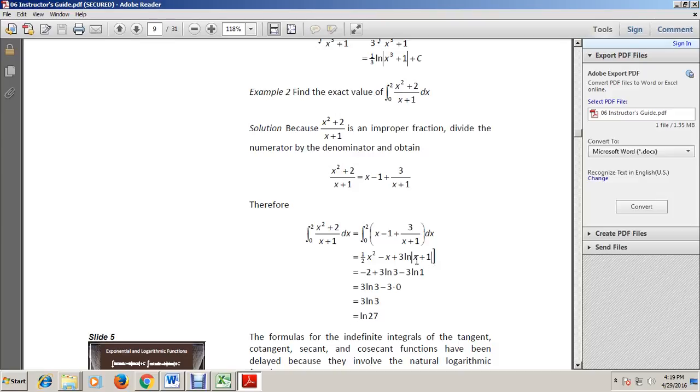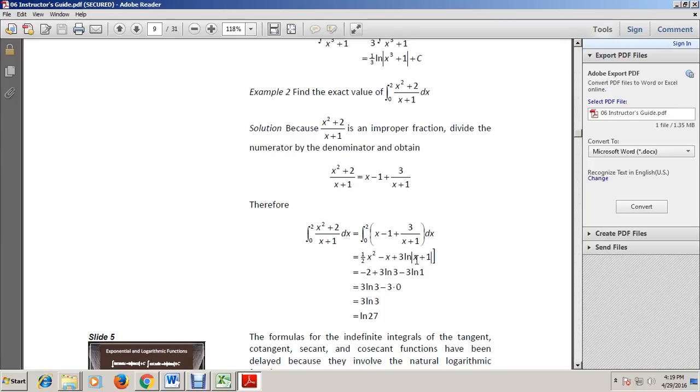The technique here is that we need to realize that the expression x squared plus 2 over x plus 1 is in the form of an improper fraction. An improper fraction is a fraction whose numerator is greater than the denominator.